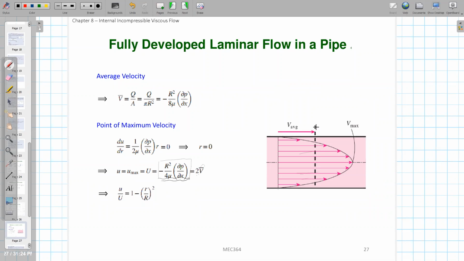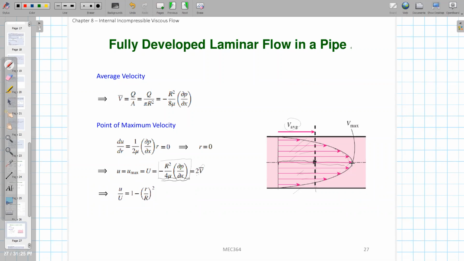The average velocity is like you draw this black dashed line here, so that the area between this solid line and this dashed line is equal to the area below the real velocity profile. So this will be the average velocity, and this velocity here will be just 1/2 of the maximum velocity.